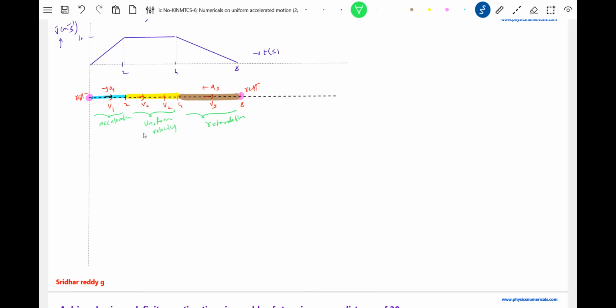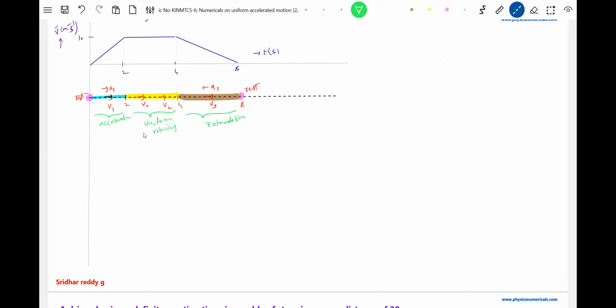Then retardation, and finally comes to rest. See, it is simple. You start the bike, you increase the speed, move with a constant speed, then put the brakes and come to rest. This was this motion. Okay, what about the position versus time graph?